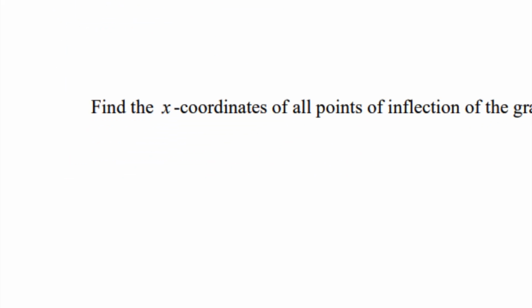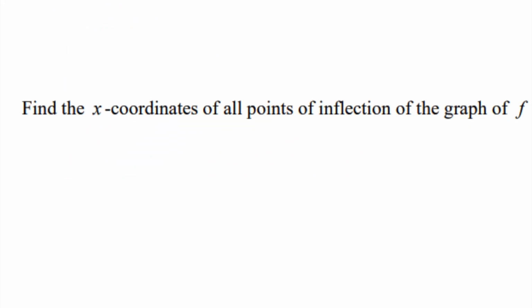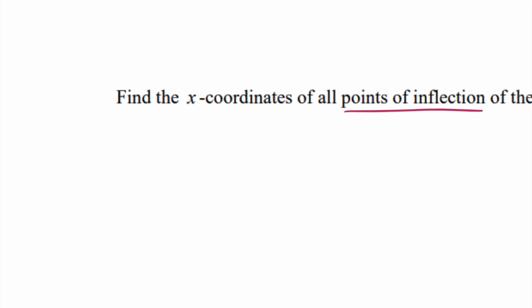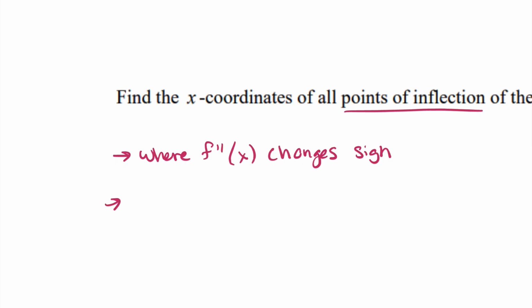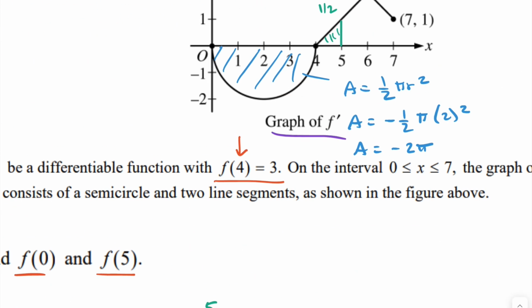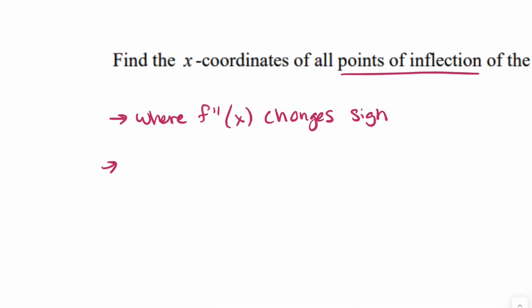So a point of inflection occurs where f double prime of x changes sign. It's when the rate of change is starting to change. We were given f prime, not f double prime, so we can't use f double prime in this scenario.